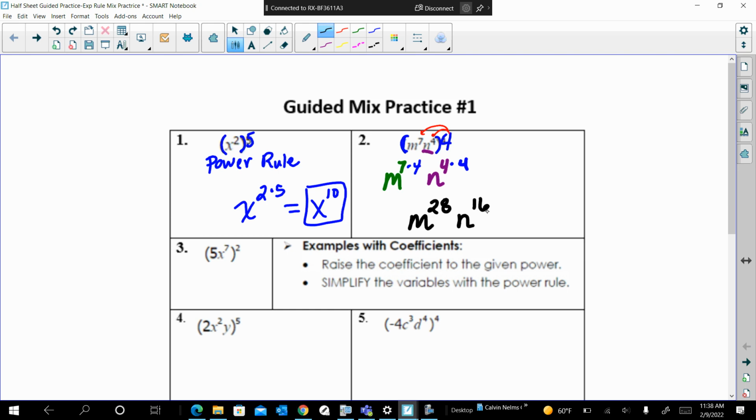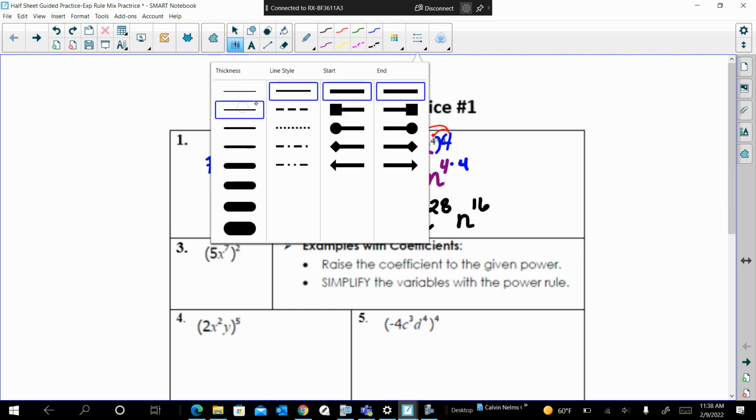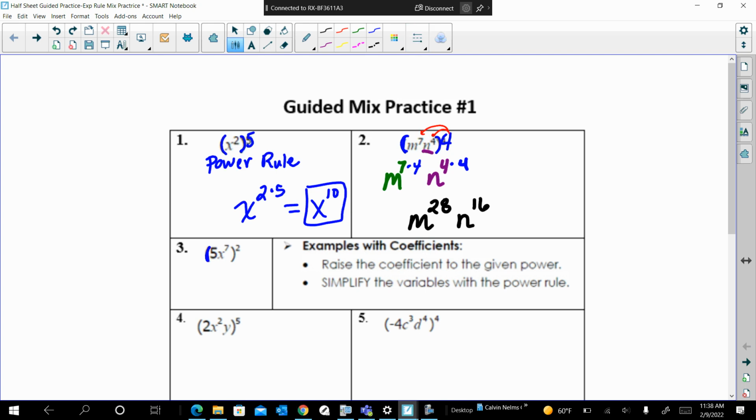All right, number 3. Again, hopefully you recognize, you see the parentheses, and we have the exponent outside the parentheses. So again, this is the power rule. What do you think the answer is?